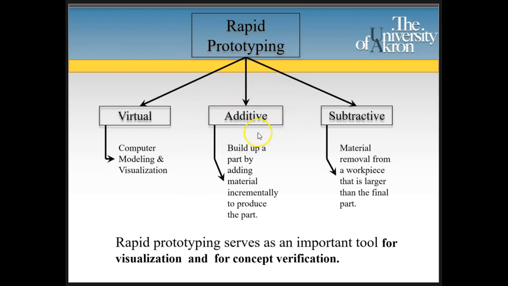Because that's what it was used for. But now, there's so much going on with additive, it's kind of evolved as a legitimate manufacturing process in addition to just a rapid prototyping source, although there are limitations. But in additive, we basically build material up layer by layer to make a finished product, versus subtractive CNC removing material.